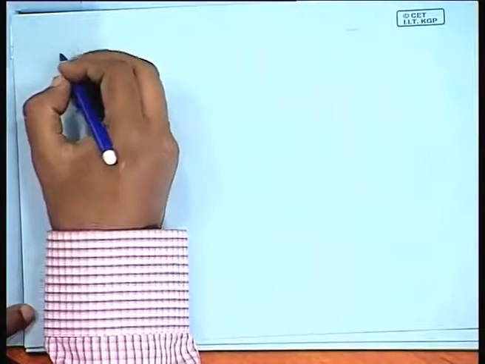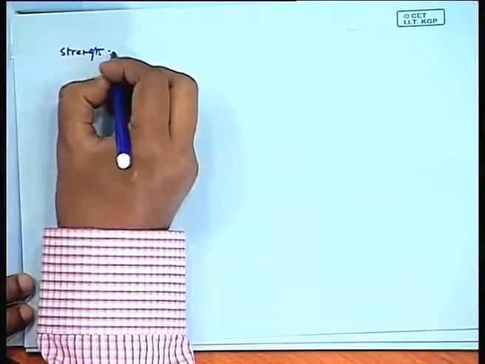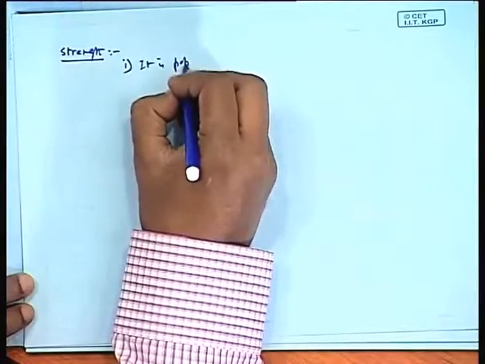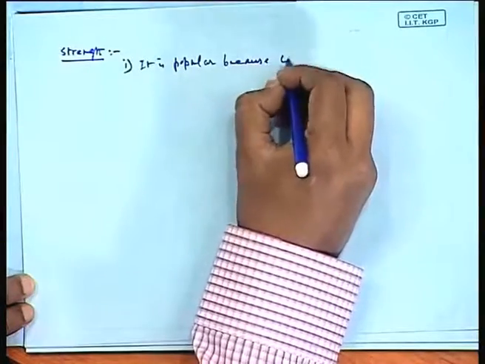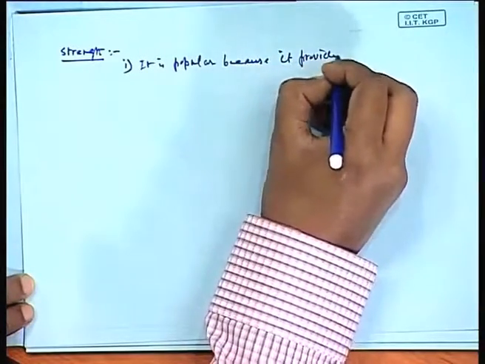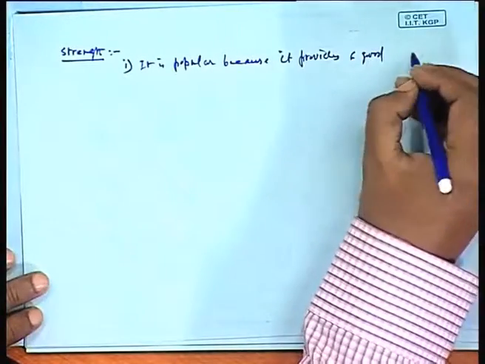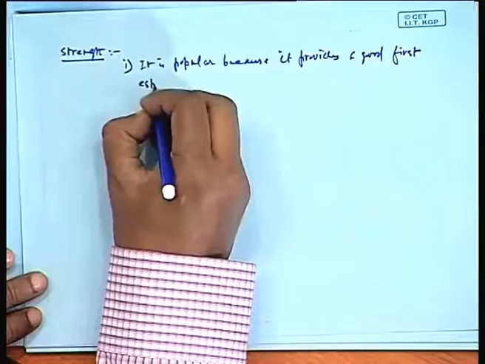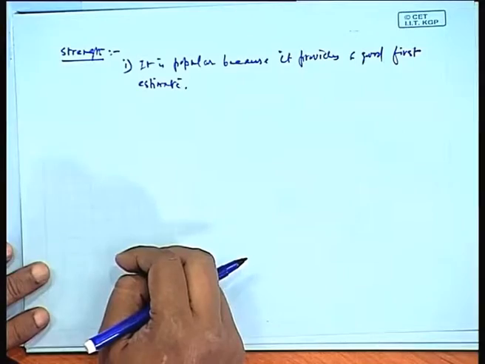But the very important thing is the strength. Why is Darcy's law so popularly used? It is popular because it provides a good fast estimate. Suppose you do not have data, or you don't have anything to bank on.